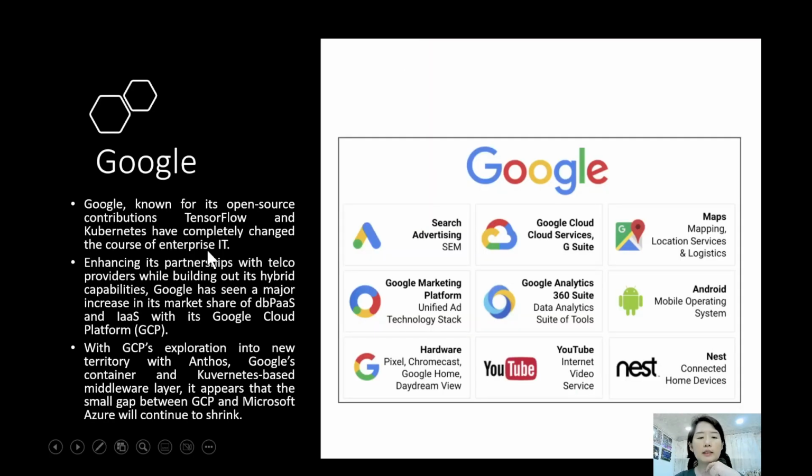Google is another very popular provider, known for its open source contributions, TensorFlow and Kubernetes, that have completely changed the course of enterprise IT. There are many enterprises in Malaysia that make use of Google. They subscribe to Google Enterprise, which gives a lot of other applications you don't otherwise get.